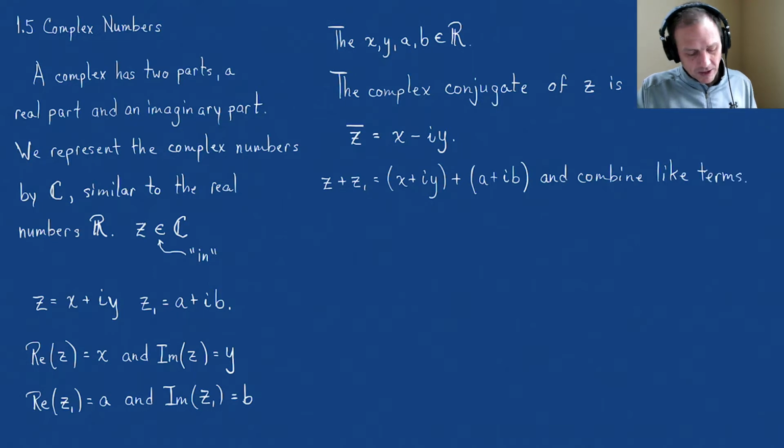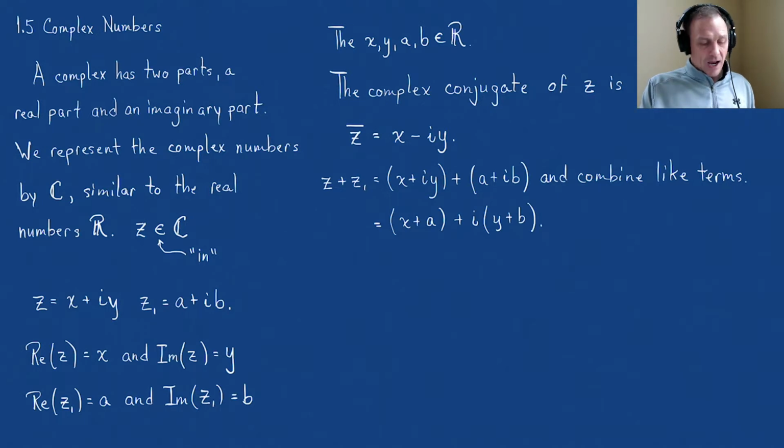In this case, our like terms would be the imaginary components and the real components. So my like terms would be the x plus a, and my imaginary components are the y plus b. And that would be how you would add.